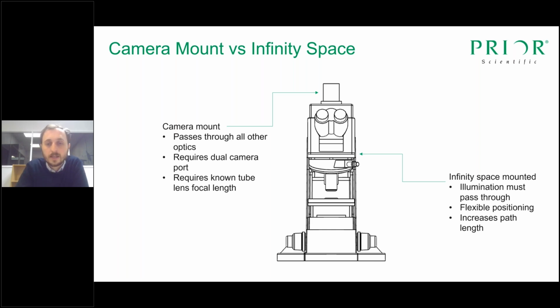Prior's PureFocus, on the other hand, is mounted in the infinity space of the microscope. The illumination that you use must therefore pass through the autofocus, which may cause its own set of problems, but I'll talk about those in a minute. But what this does give you is the ability to position the autofocus flexibly in the light path. That means you can position it behind the objective, or you can position it in some other location that suits your optical design.